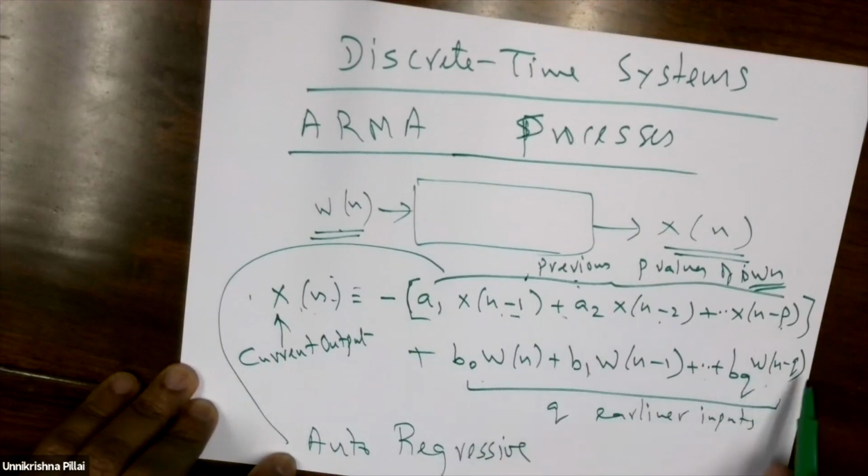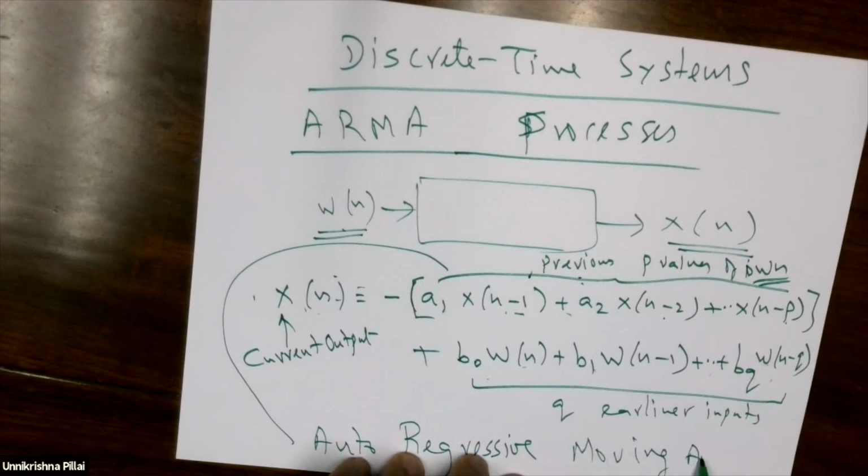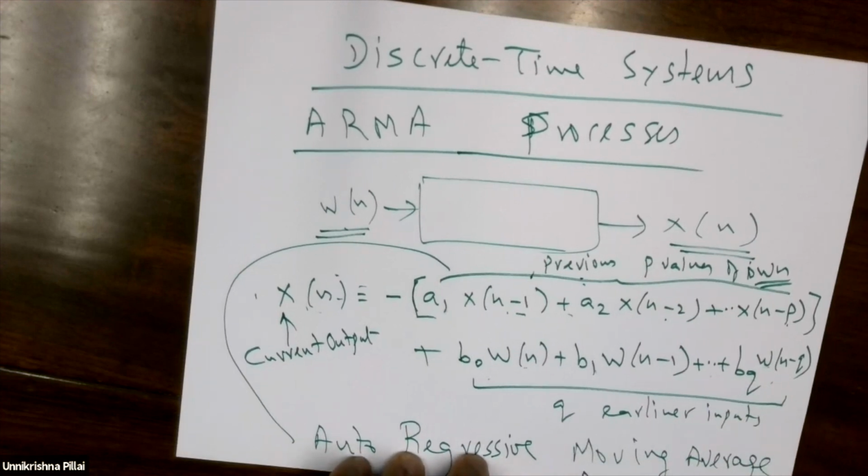And this is like a moving average. If you put all the b's equal, then this is like an average. If this is today's temperature, this is just taking the last q plus 1 days' temperature and averaging it, if all the b's are equal to 1 over q plus 1. So that's like a moving average, and that's why we call it an ARMA process.